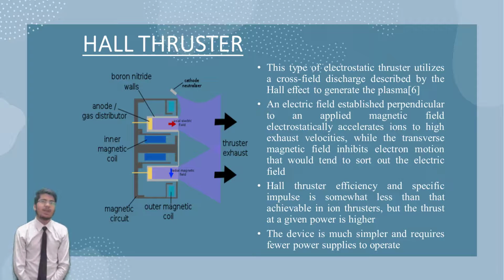Hall thruster efficiency and specific impulse are somewhat less than those of ion thrusters, but the thrust is given at higher power than other technologies.